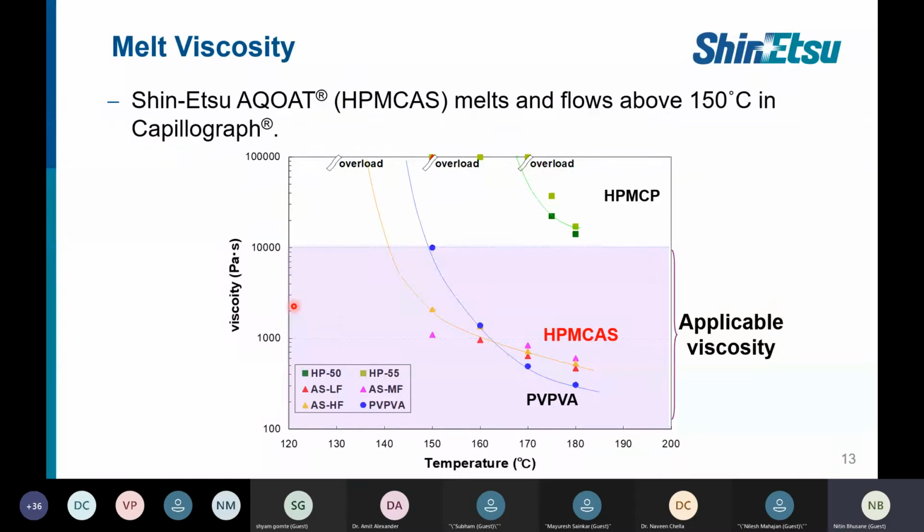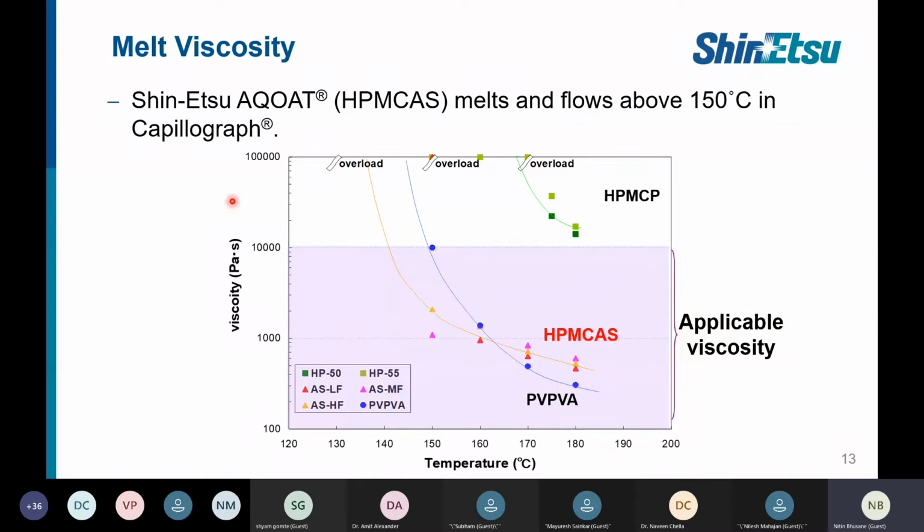As I mentioned in an earlier slide, we have HPMC phthalate, also a pH dependent polymer. And in our previous slide, we have shown some study with HPMC phthalate by spray drying. So it can be used in solid dispersion.